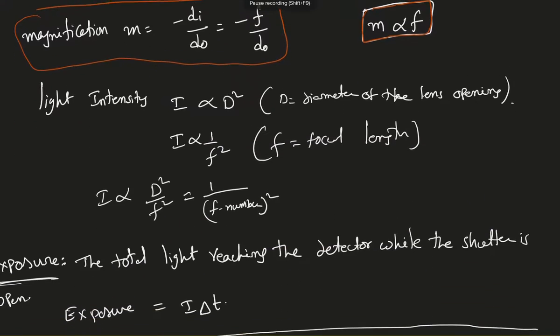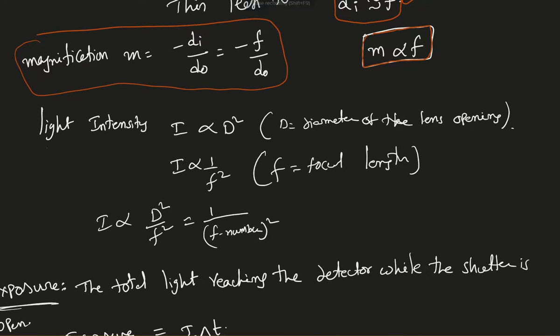Now, the light intensity. The light intensity, indicated with I, is proportional to d squared, where d is the diameter of the lens opening. I is also proportional to 1 over f squared, where f is the focal length.